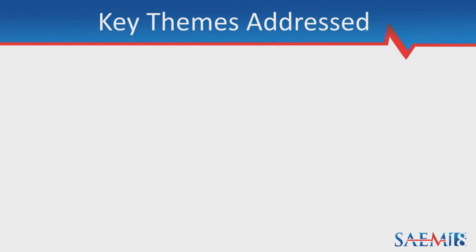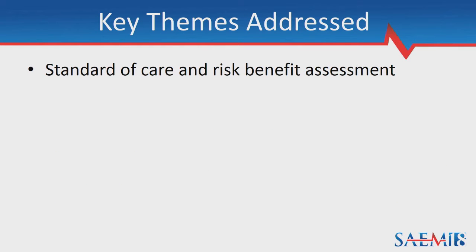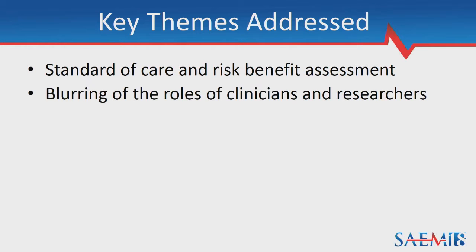And they looked at basically 6 things. They talked about standard of care and risk-benefit assessment. This is an interesting discussion when you have severe issues in standard of care across LMICs. And when you have issues with care, what are the ethical challenges in research?